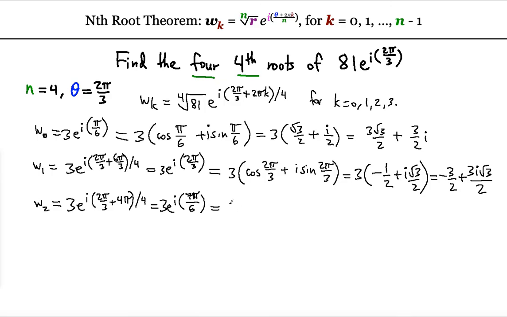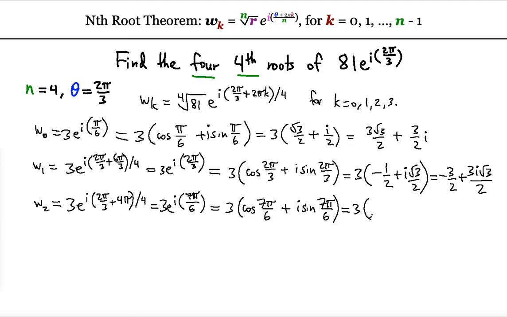Okay, so then we get 3 cosine of 7 pi divided by 6 plus i sine of 7 pi divided by 6. So this is going to be in quadrant 3. Both cosine and sine are negative.